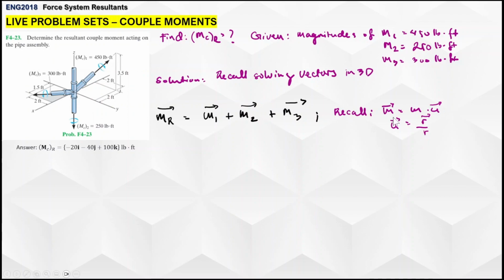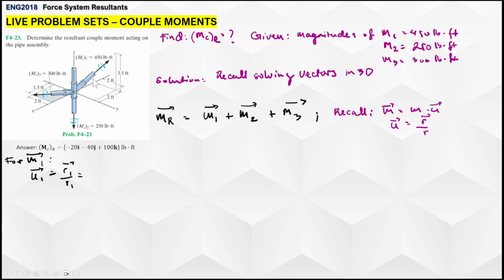Also recall that for you to convert the magnitude of moment into its Cartesian vector notation, you have to identify its unit vector, where the unit vector is simply equal to the quotient of its position vector over its magnitude. So let's do it one by one. Let's try it with M1 first. Unit vector 1 is equal to position vector R1 divided by its magnitude R1.